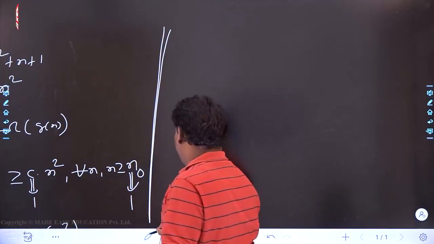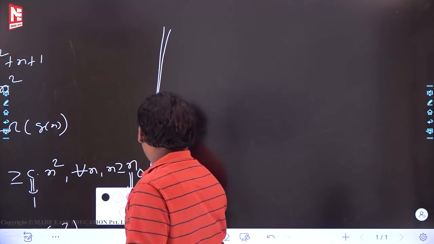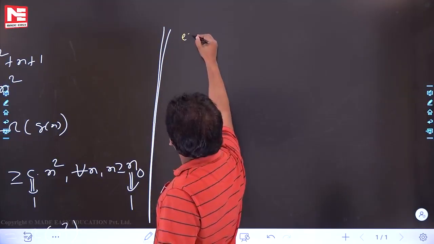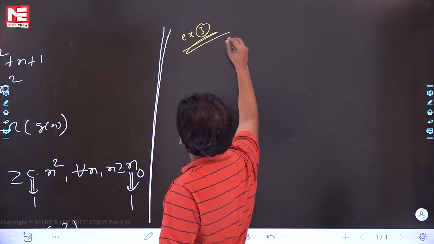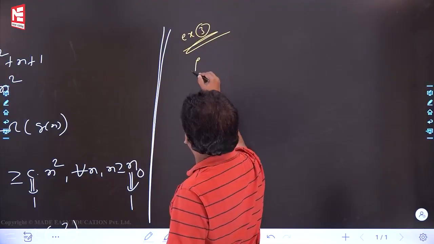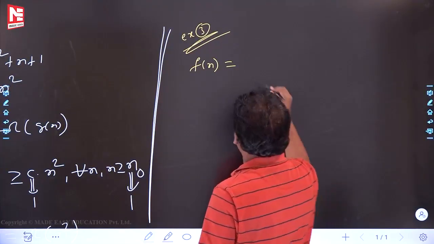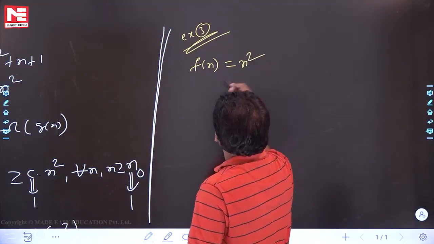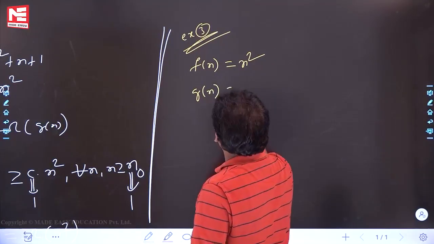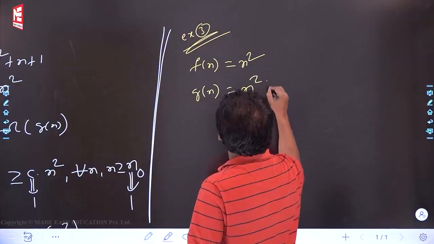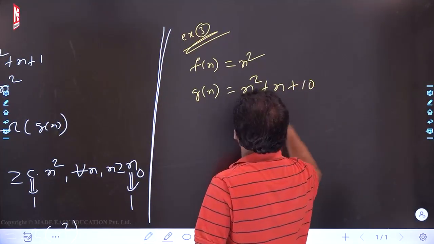See the example 3. This also you listen. f of n is equal to n square, g of n is equal to n square plus n plus 10.